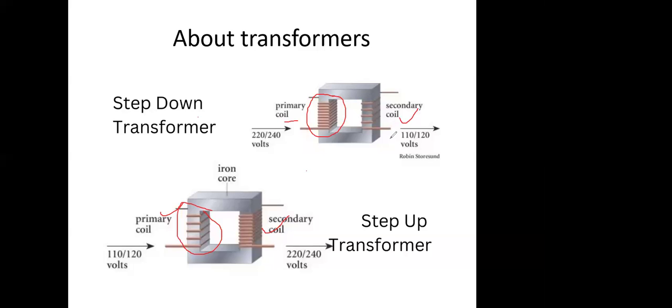Like we said, the number of turns in a primary coil or in any coil is directly proportional to the voltage in that coil. Let me share a white screen so that we can write there.